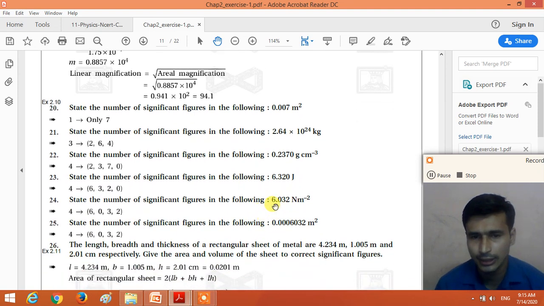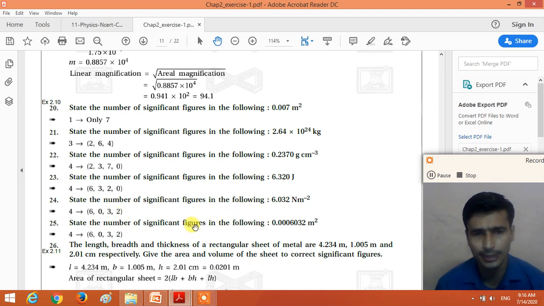Similarly, how many significant digits are in 6.032? This zero is considered as a significant digit because, as per the rules, all the zeros between two non-zero digits are considered significant. So in 6.032 there are four significant digits: 6, 0, 3 and 2.